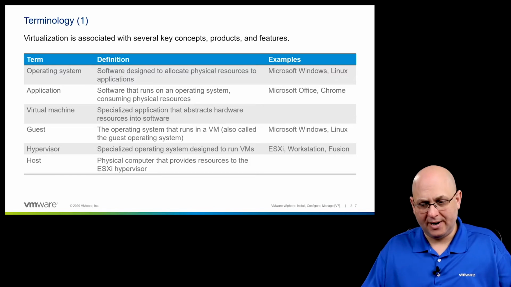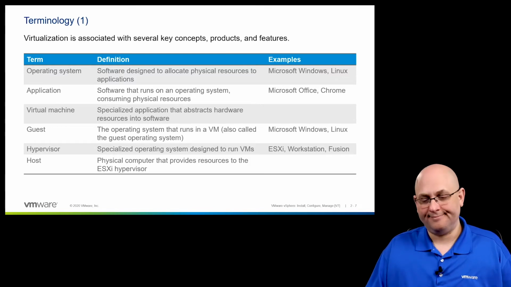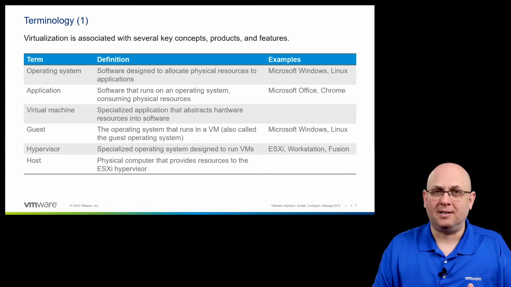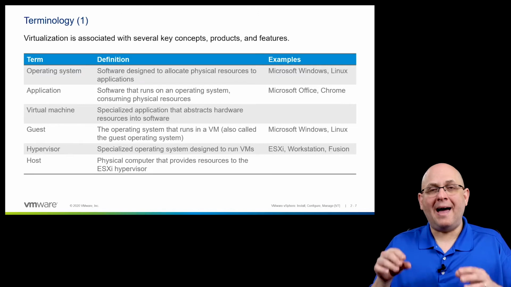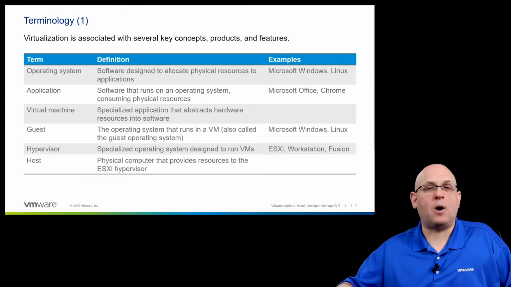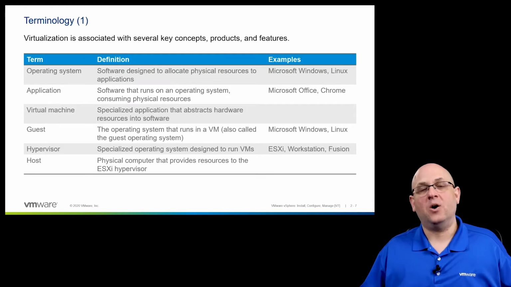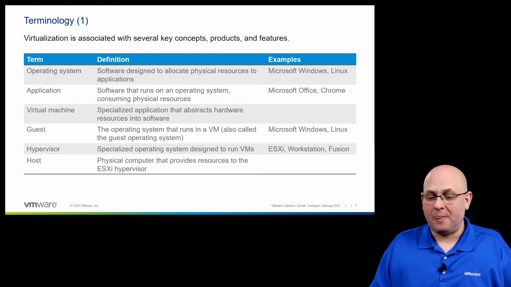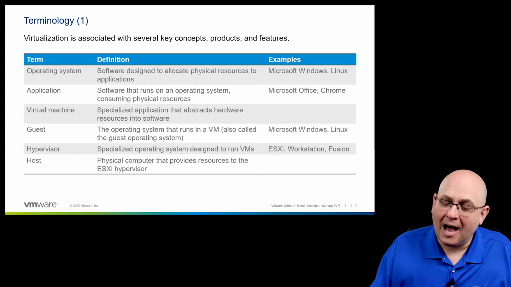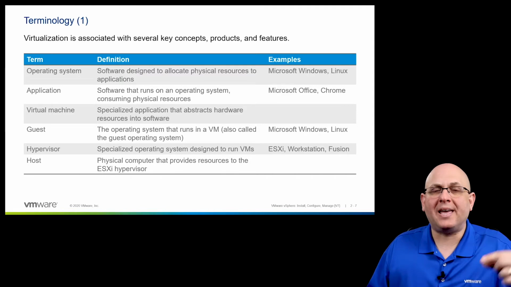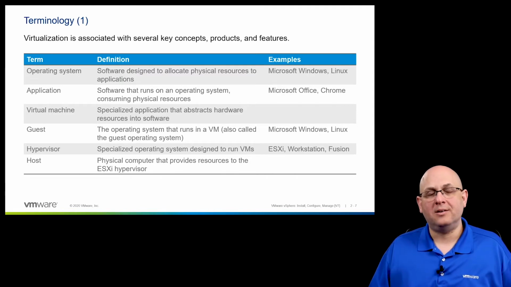Okay, so what is an operating system? Well, it's a piece of software, right? And it's designed most fundamentally to allocate physical resources. That's our hardware. That's our CPU, memory, networks, disk, video, sound, USB, whatever it is, right? It's designed to allocate those physical resources to the applications that we want to run in the environment.